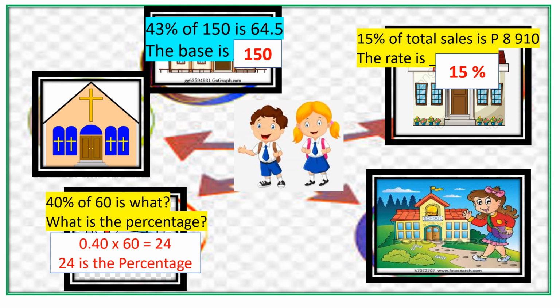You will simply multiply the rate times base. 40%, change it into decimal number, so it will become 0.40 times 60. It equals 24. Alright, now another station.